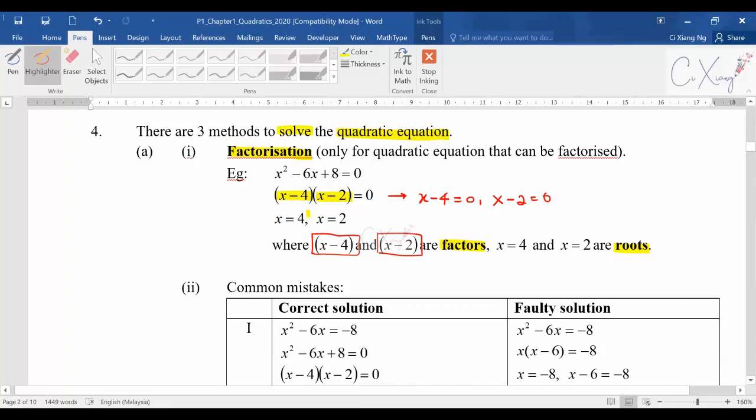Again, by watching the video once, you are not able to factorize very well; you have to practice a lot. For maths, please don't hope for a miracle, that once I look at the solution or the video, I can get the answer and know how to do it. No, you have to practice. After you view the video for factorization, if you find the method useful, you can learn it.